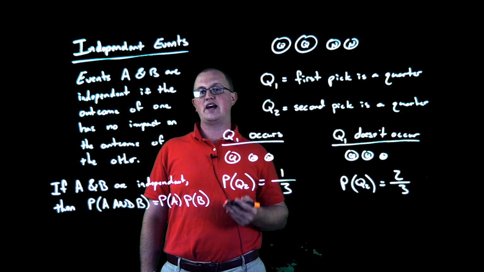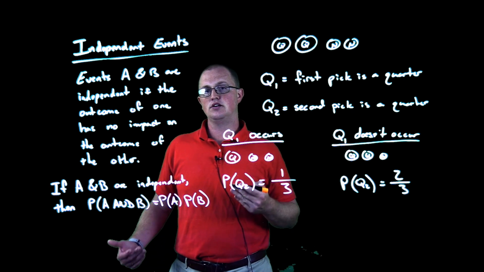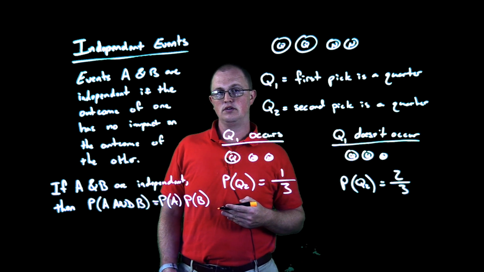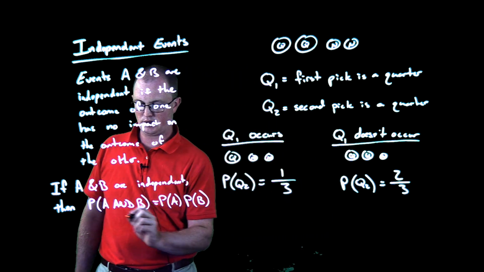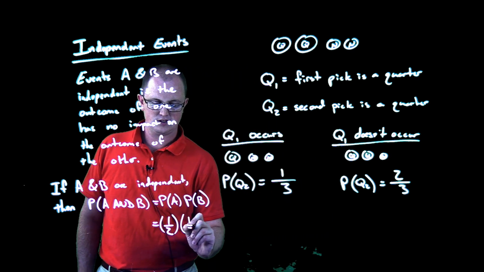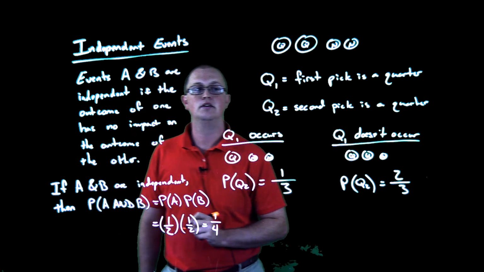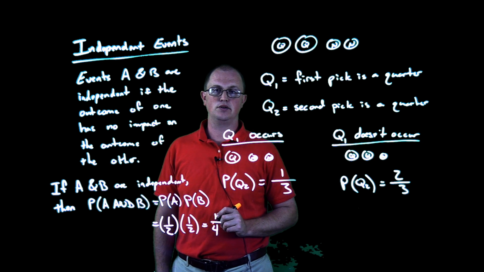And so if we wanted to ask what's the probability of drawing 2 quarters, then we could answer that by saying, well, the probability of drawing 2 quarters is just 1/2 times 1/2, which is equal to 1/4. And we can calculate that directly.